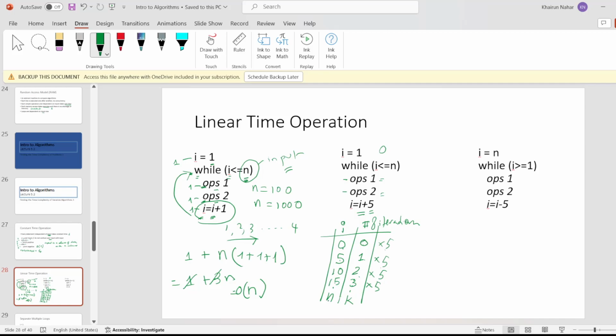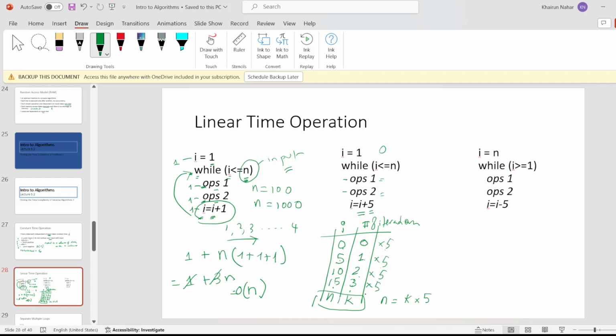তাহলে আমরা এই স্টেপের জন্য এটা অবশ্যই বলতে পারি যে n equals k times 5. ঠিক আছে?